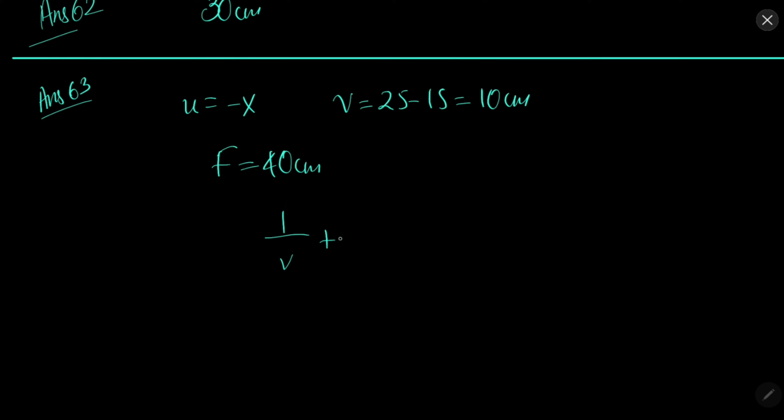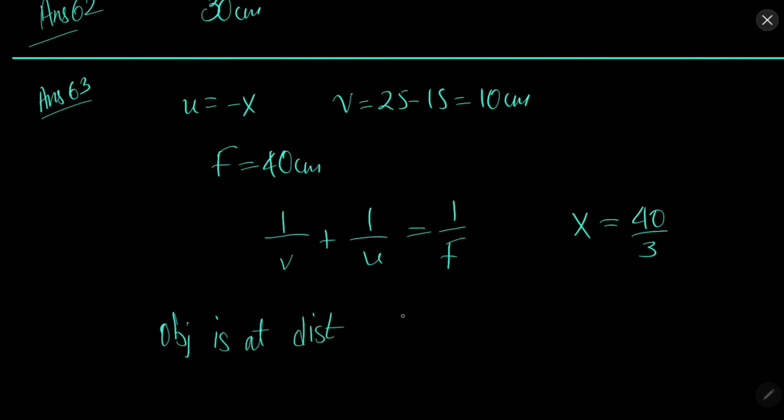Mirror formula: x will come out to be 40/3. The object is at a distance 15 minus 40/3, 1.67 centimeters from the lens.